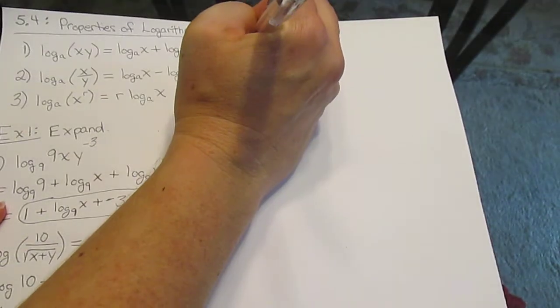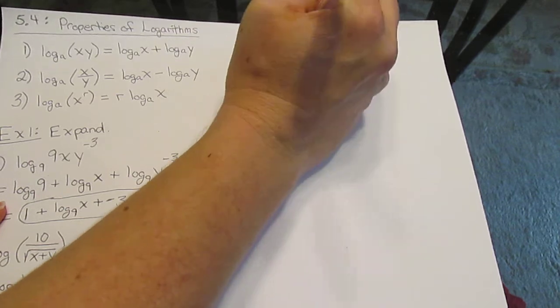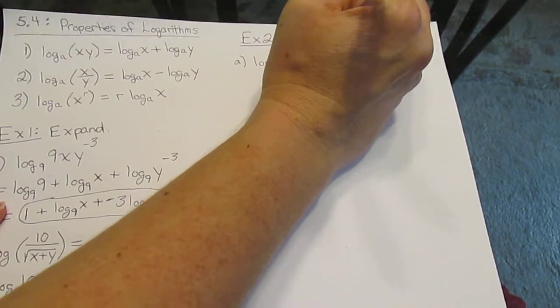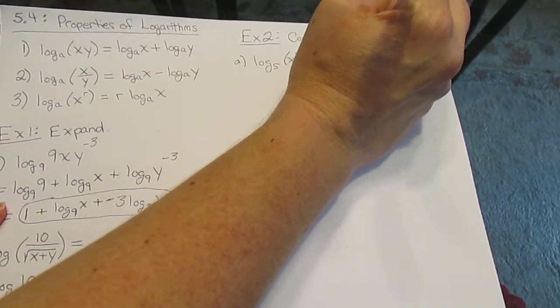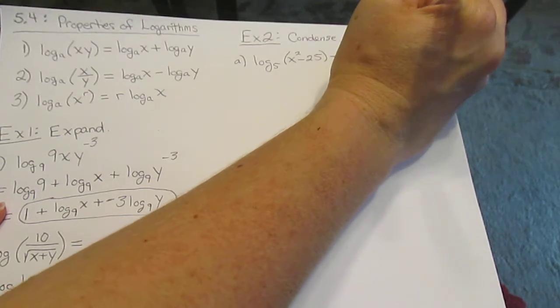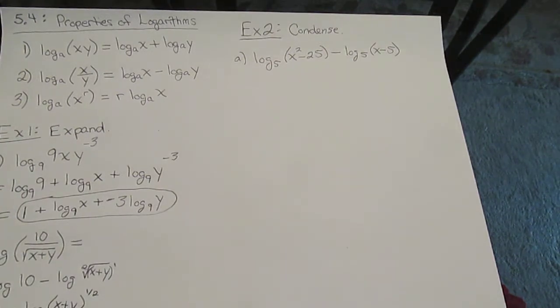Okay, so part A. I've got log base 5 of x squared minus 25 minus log base 5 of x minus 5. Okay, well, before you bring them together, you should check a couple of things.